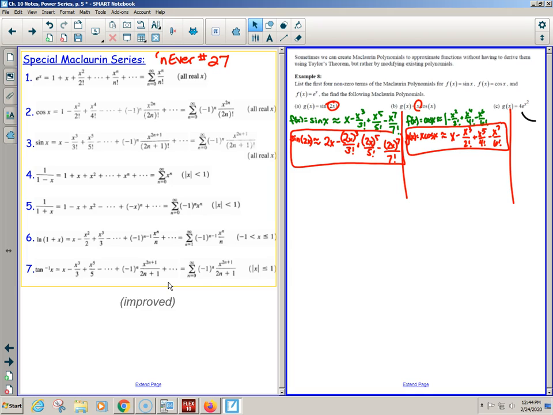Maclaurins are only Taylors centered around 0. What if you're centered anywhere else? Oh, right. You have to build it from the ground up from the Taylor polynomial. Only Maclaurins get to use this special trick. Bye, guys. See you later. But if you build it, look for patterns.